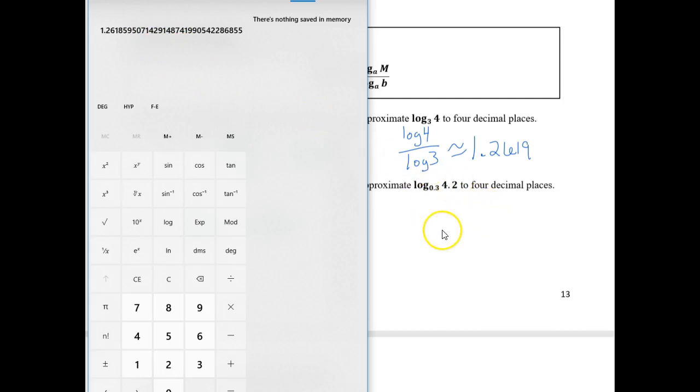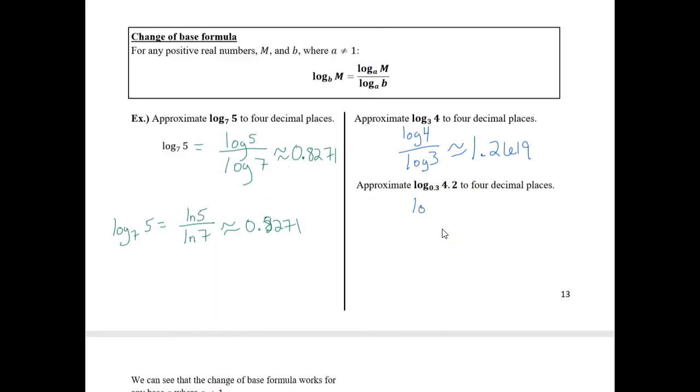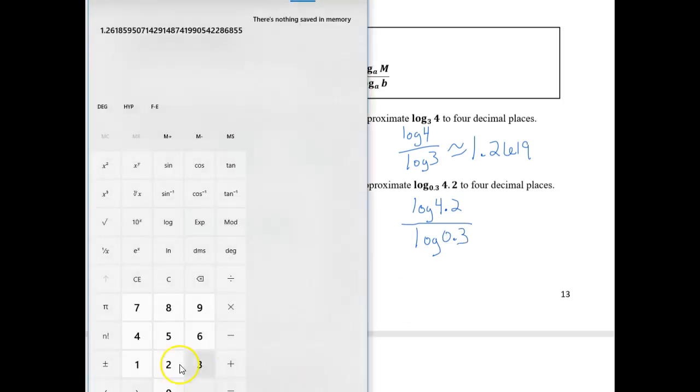Alright, let's look at the next one. I'm going to rewrite this using the change of base to log of 4.2 divided by log of 0.3. So now I'm going to plug that in. 4.2, take the log of that, divided by 0.3, take the log of that.